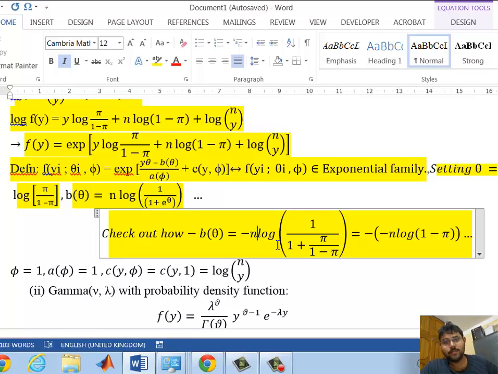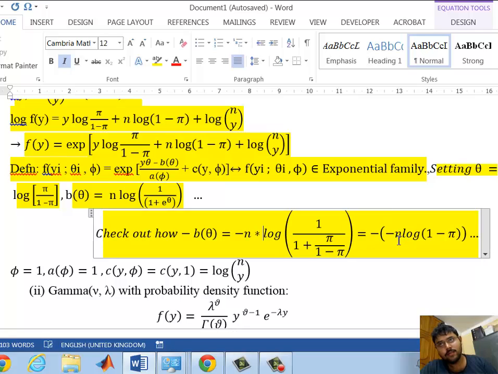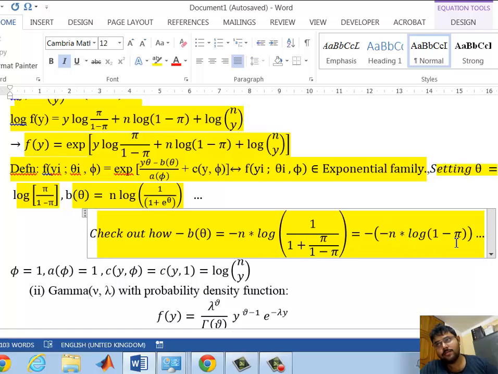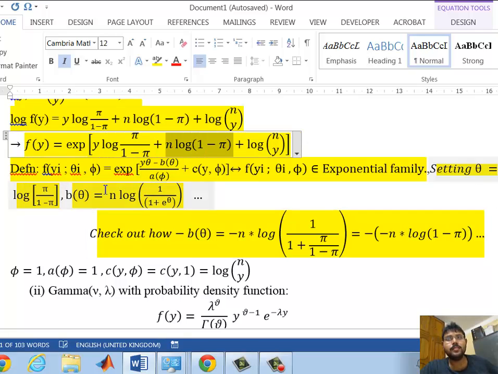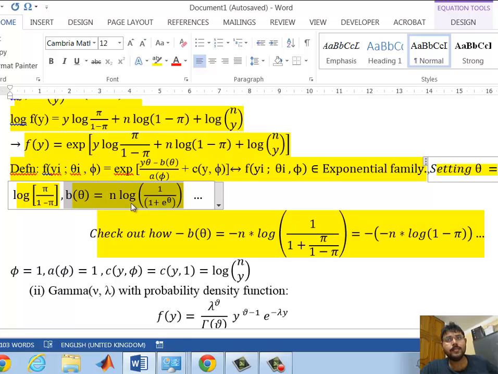Don't confuse it for something else, this is n into log of 1 minus pi. Why are we doing this? Because I want to make this b of theta, but once I've defined theta, I'll have to define b of theta, which is this part, in terms of theta, which is this part.